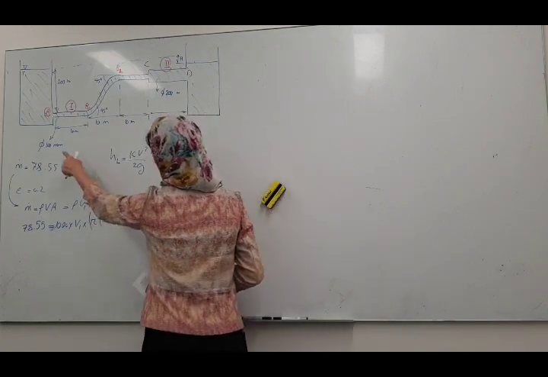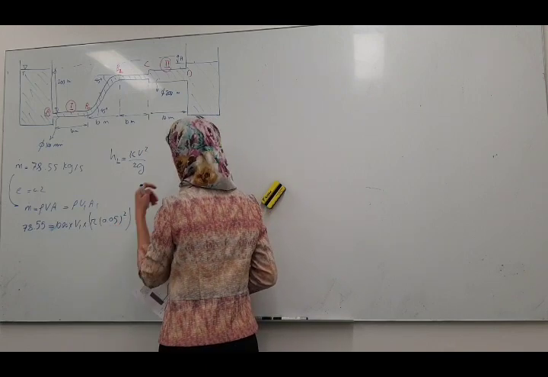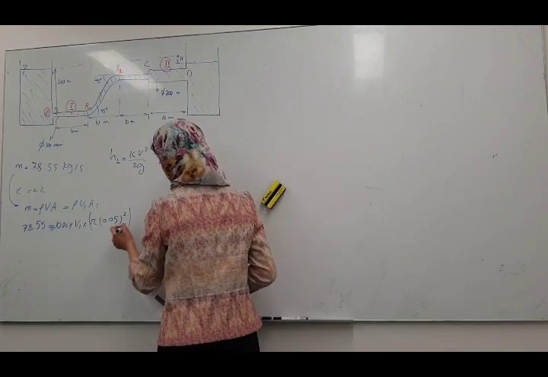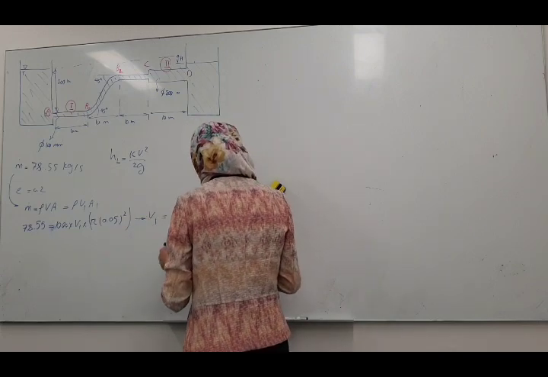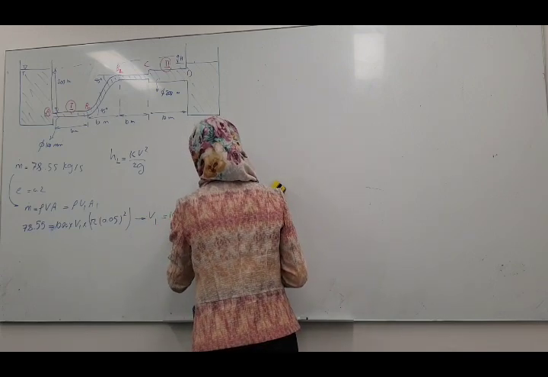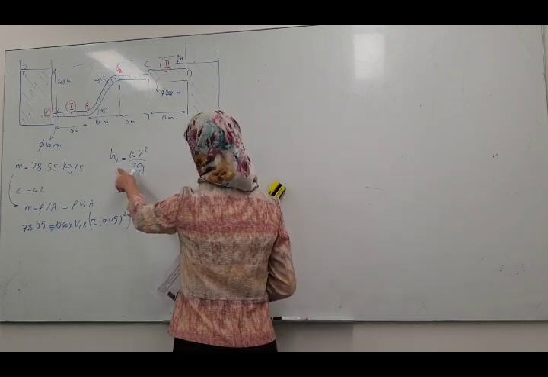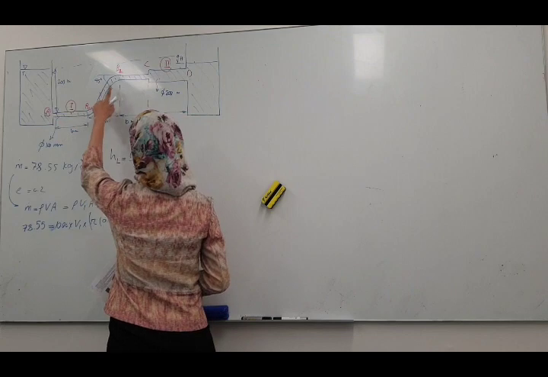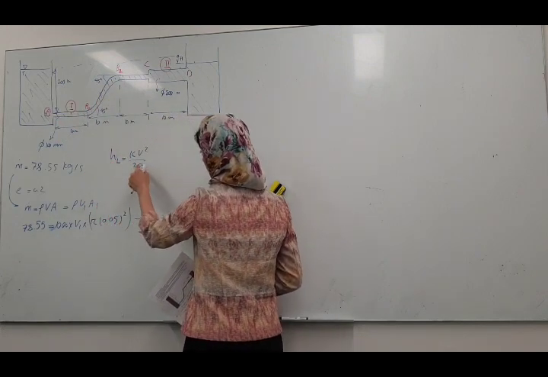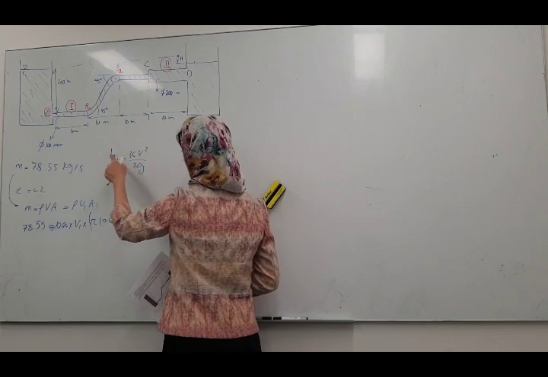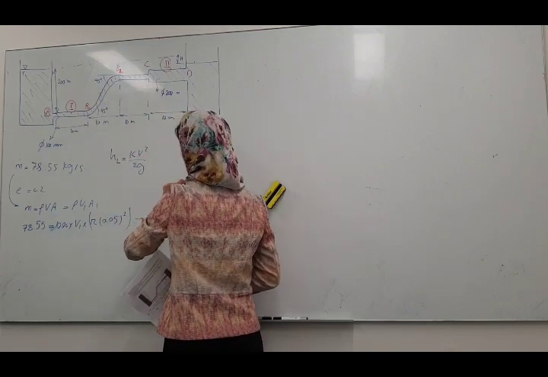The diameter is about 100 millimeters, so the radius is about 50 millimeters, and we need to represent everything in the metric system. And we can find V1, which is about 10 meters per second. Now we are able to calculate HL for A, B, and also C. Just keep in mind that in this formulation, depending on which part of the system we are in, we need to use either V1 or V2.